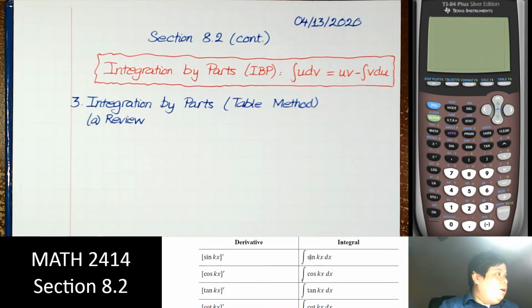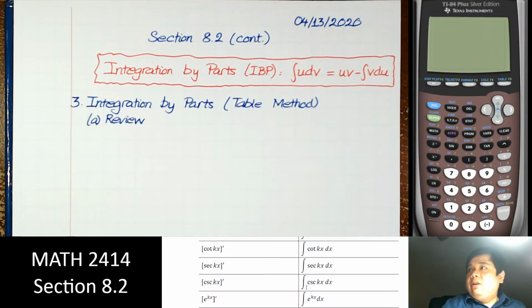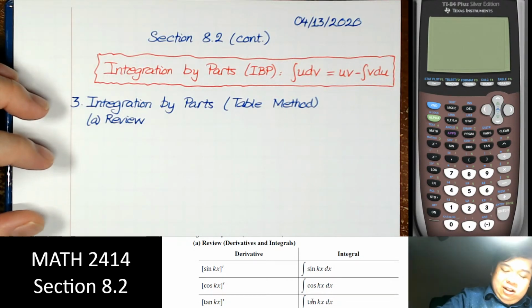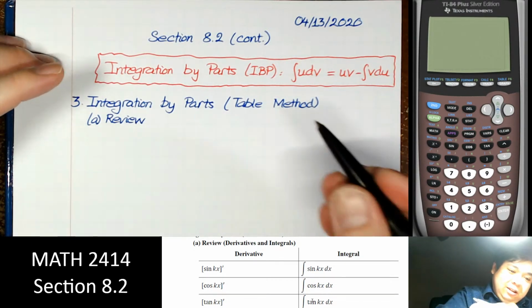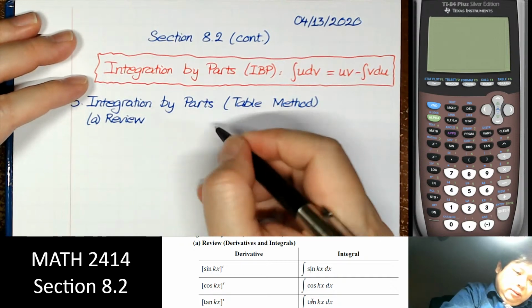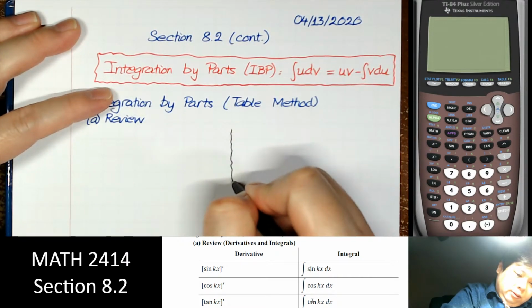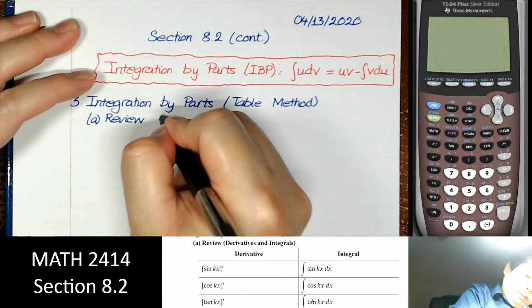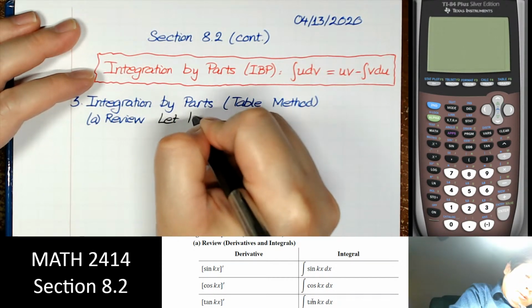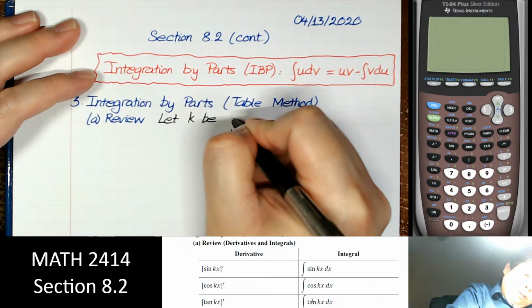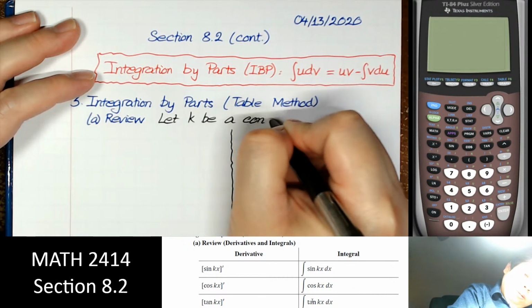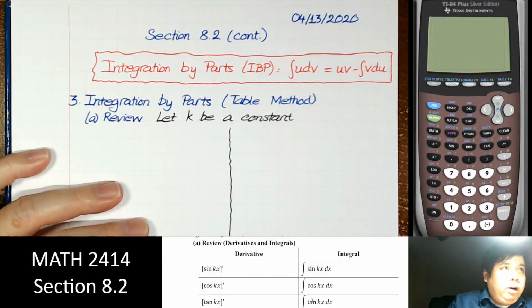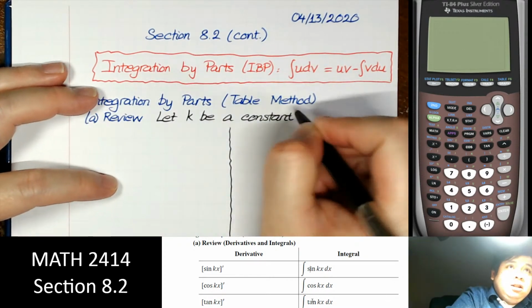So we go over integral and derivative again, but this time we have the constant k. Let k be a constant.